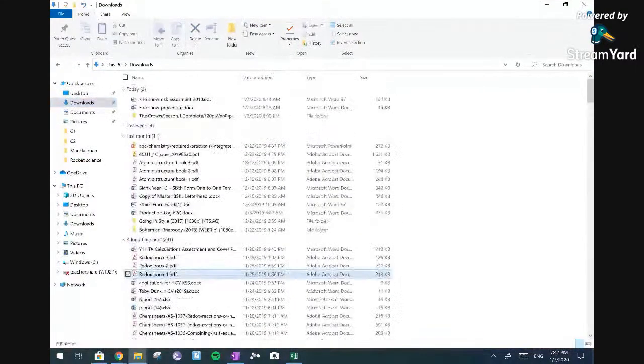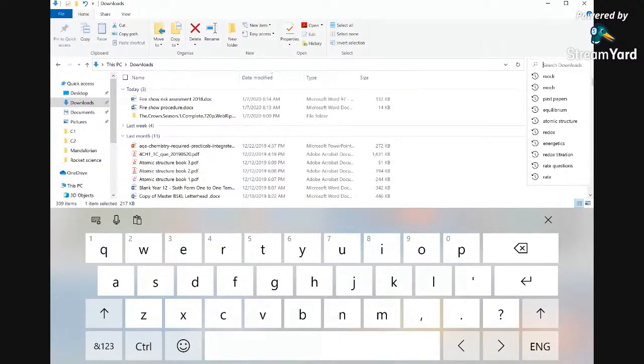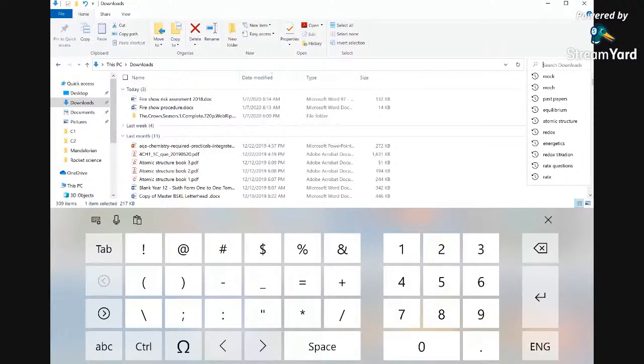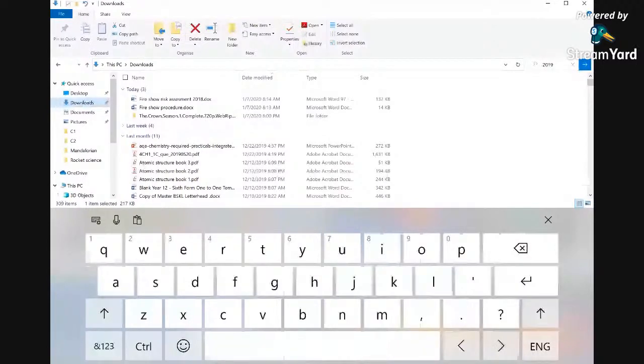If I perhaps search for June 2019. I don't know what that's going to do. Might not work. The laptop's taking incredibly long to do all this.